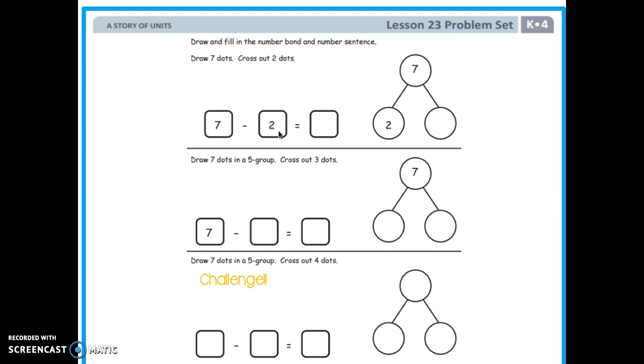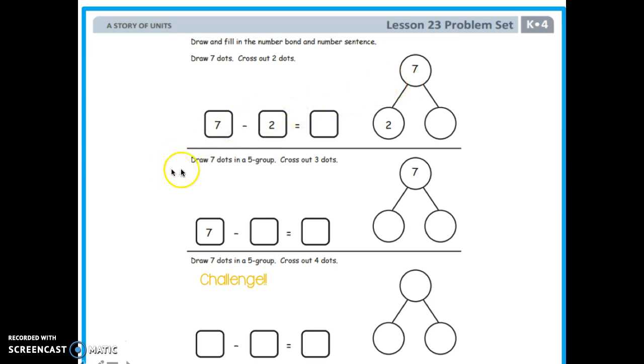Now count how many are left. And that number is going to go here. 7, take away 2, equals, and put that number right there. Also, you're going to put it here. The number bond is 7 in all. 2 and what mystery number makes 7?